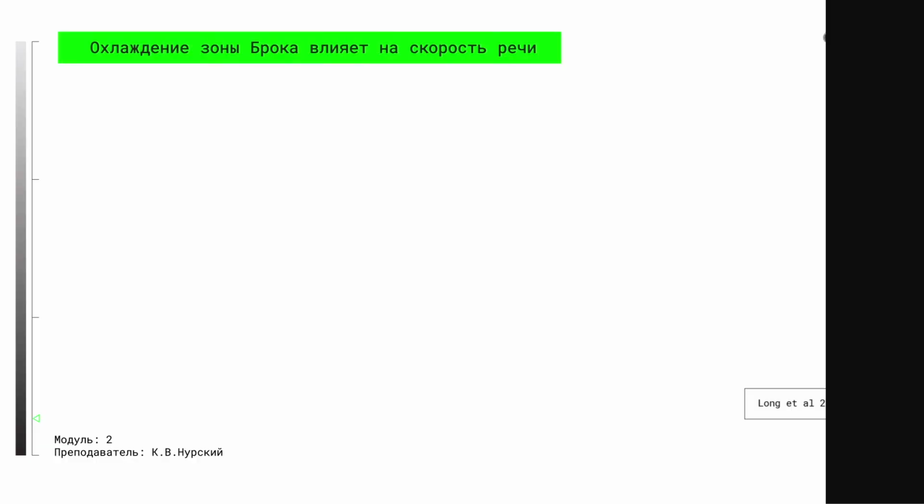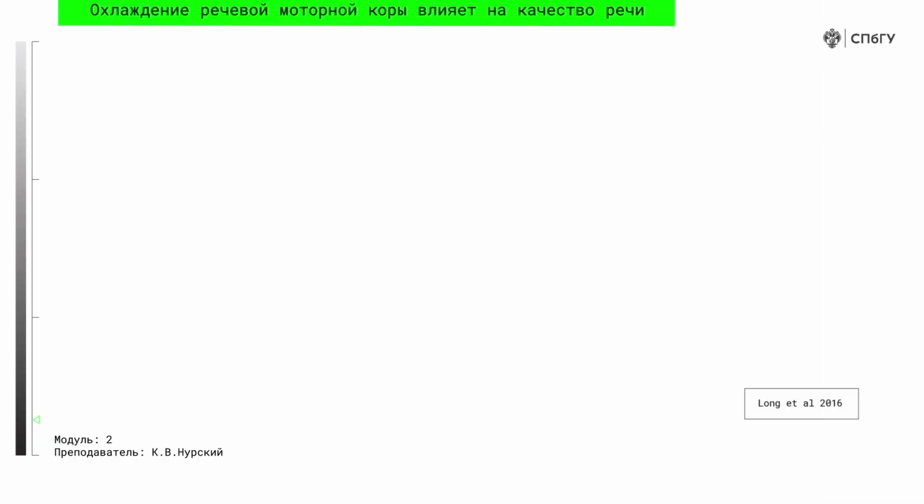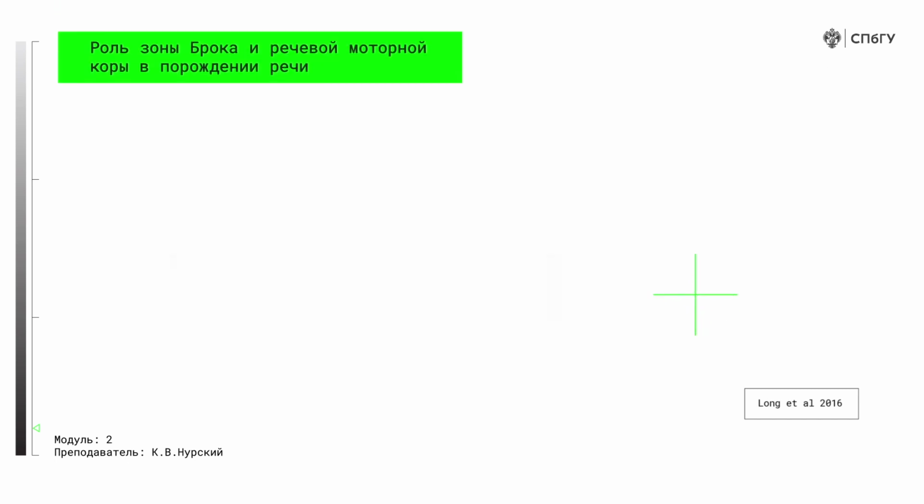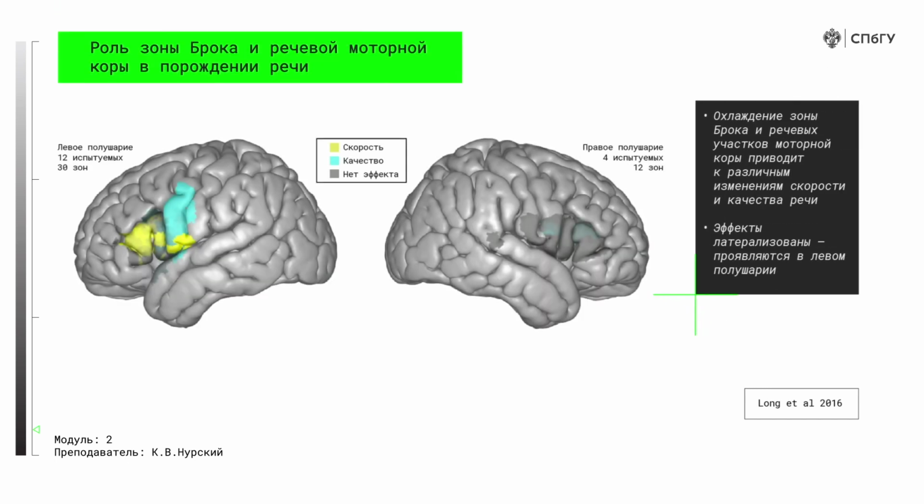In contrast, cooling of speech motor cortex, that is when a cooling probe is placed over the laryngeal motor cortex, affects speech quality. Speech becomes slurred. Also, what's interesting is that these effects are lateralized to the left hemisphere and are only present in those cases when the left hemisphere cortex is cooled, but not on the right.